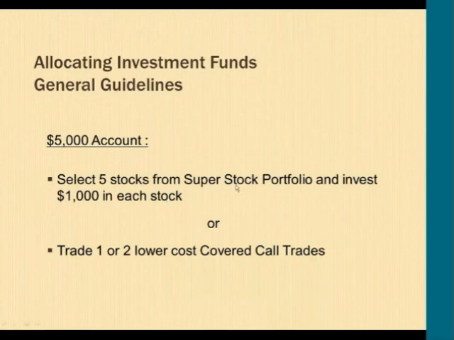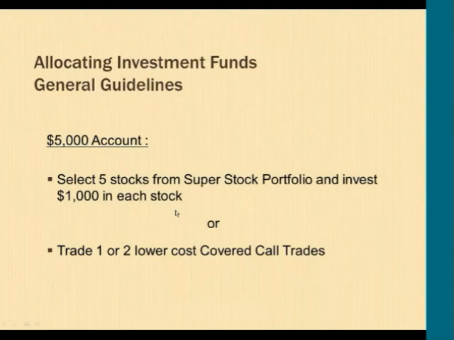These stocks in the super stock portfolio are in different industries, so if you pick 5 of those, you'd have a diversified portfolio. That would be an allocation based on a $5,000 account.